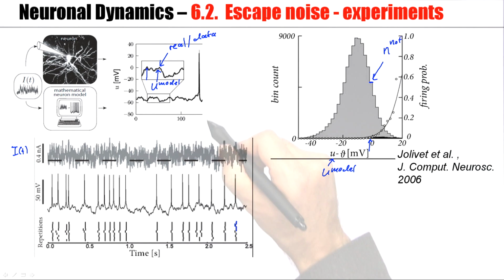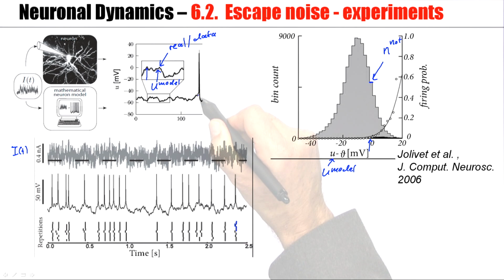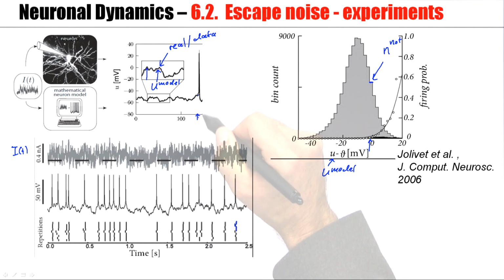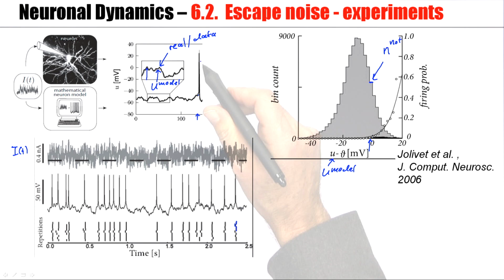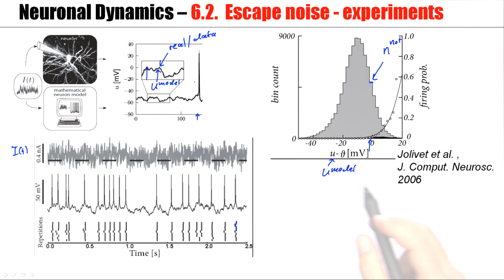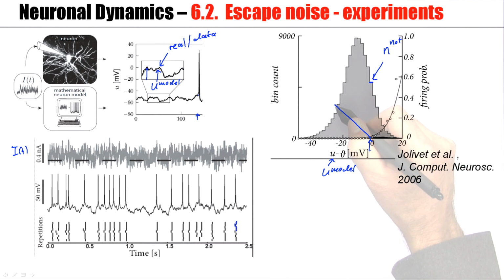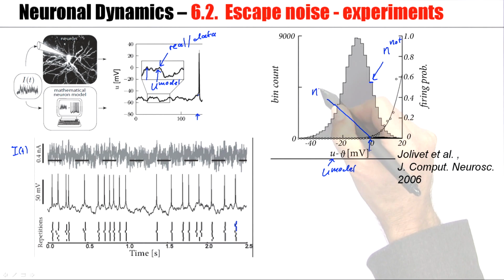But from time to time, for the same voltage of the model, the neuron actually fires. So I also have instances where for this very same voltage the neuron fires, and that's the black part here. There are very few instances, but they exist. So this black part would be the number of bins with firing at the same voltage.